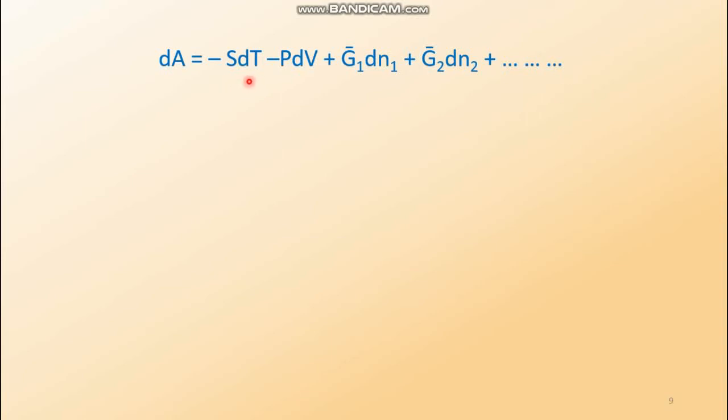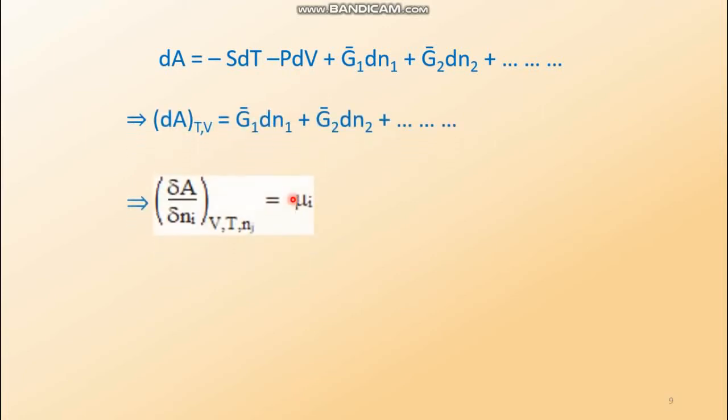Now if you find here that temperature and volume are kept constant, then this part becomes dA at constant temperature and volume, and these two parts vanish, because at constant temperature dT is 0 and at constant volume dV is 0. So if both temperature and volume are kept constant, then the first term and the second term vanish, and this way you get this expression.